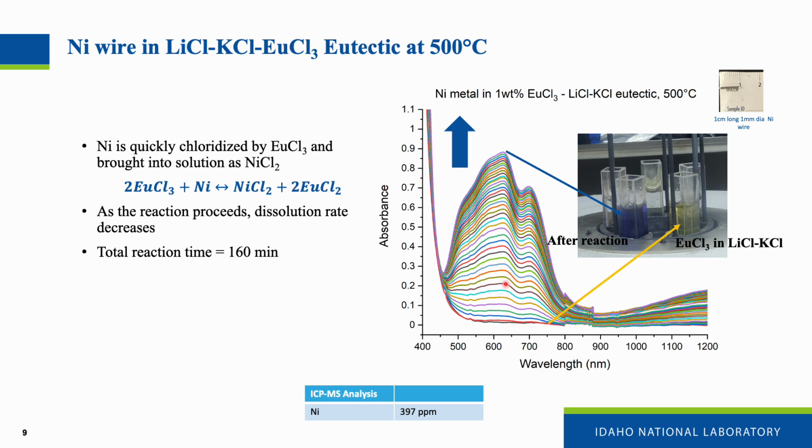This gives us an idea on the kinetics of this reaction, how fast this reaction is. Right after about 160 minutes this reaction was saturated; we could not see any further growth of this peak intensity. So we stopped this reaction after 160 minutes, and from ICP analysis we found about 400 ppm of nickel build up in the salt.